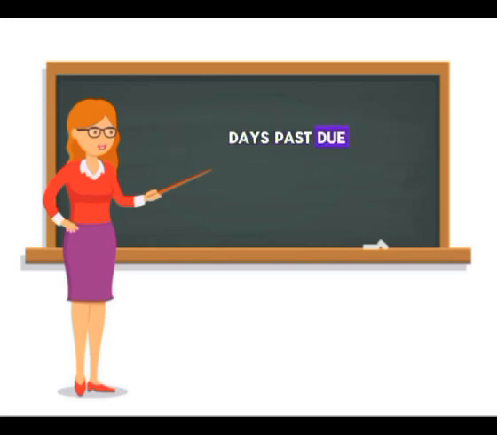Days past due, the number of days a consumer finance facility is overdue. DFI, development financial institution, including specific entities listed. Equity, the bank/DFI's paid-up capital, reserves, and other financial components. Financial institutions, banks, DFIs, and non-banking finance companies, NBFCs.